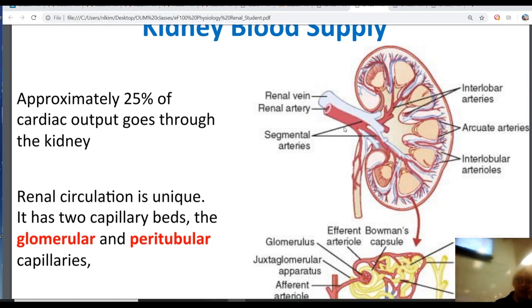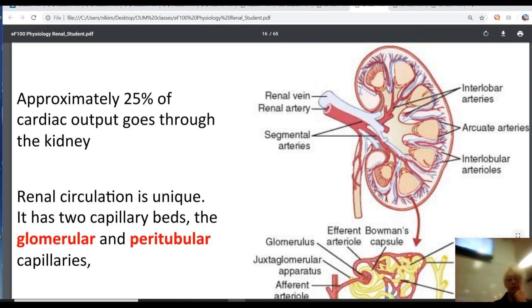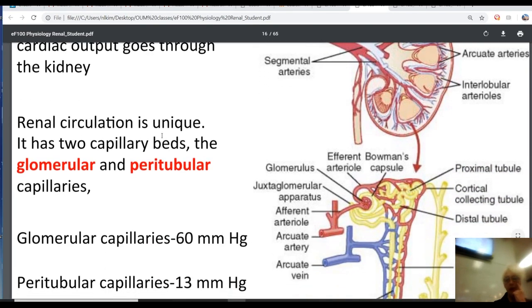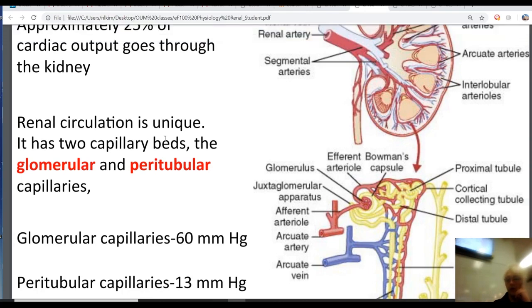So typically when we think of arteries, we think of arterioles, and then capillaries, venules, and then veins. So there's this inter-network of a closed system between arteries and veins.